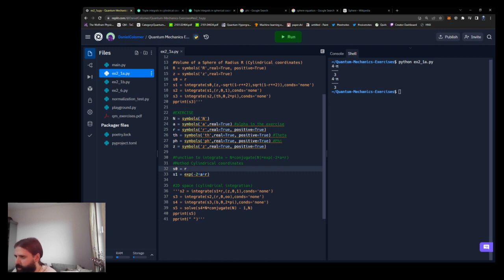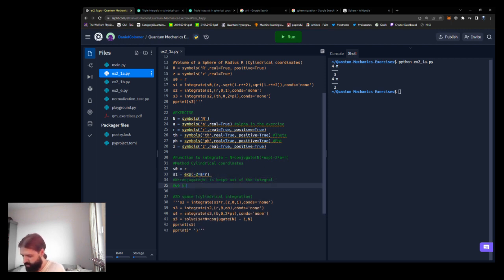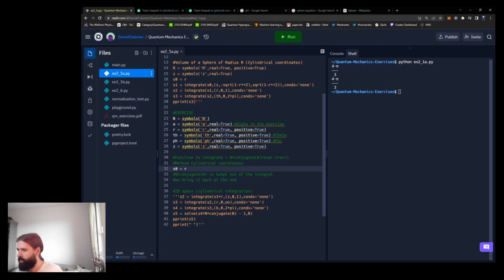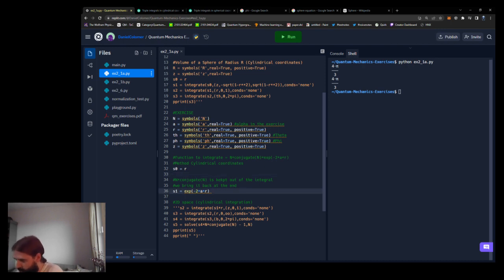So it's our function that we're integrating, with the n out of the integral, and we bring it back at the end. So this is S1. Exactly. It's our starting thing, right?